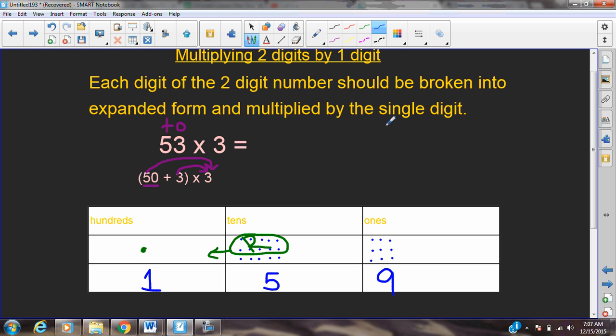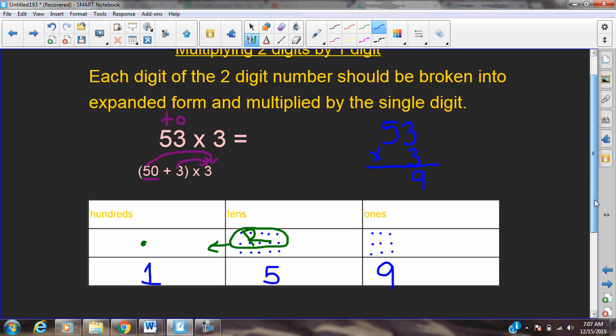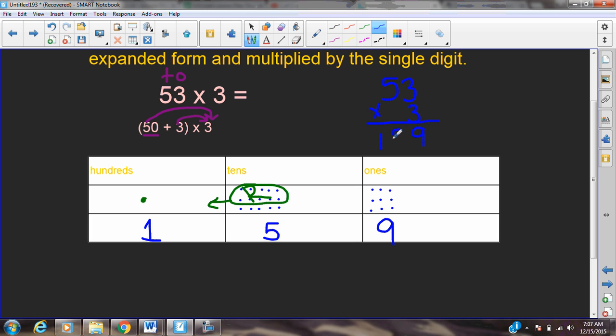Now the standard algorithm calls for you to do the same thing in kind of a shorthand way. So here's 3 times 3, which is 9, and then 50 times 3, which is 150. And if you look at my place value chart, it all matches.